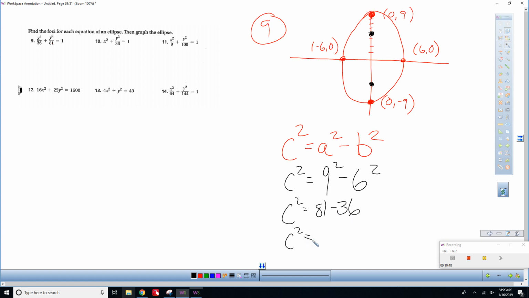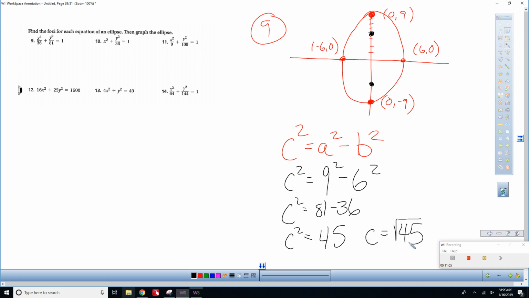What's 81 minus 36? So C squared is 45. So C is the square root of 45.